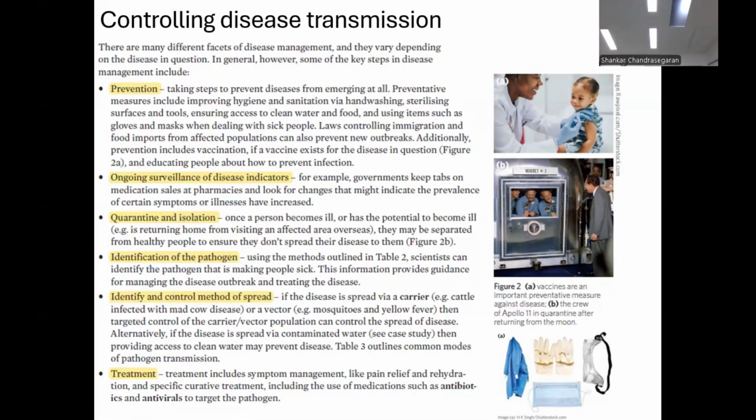Next is ongoing surveillance of disease indicators. Basically, looking out for certain symptoms or medication sales at pharmacies that show an increased prevalence of a certain symptom or illness in certain communities. So, let's say a small community in some developing country suddenly has a lot of a specific symptom, like rashes with weird bumps.